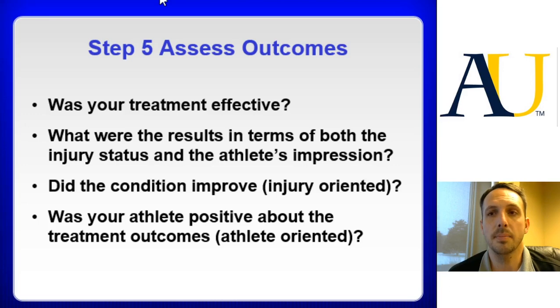First, is the patient getting better? Now, if the patient's not getting better, that can be a result of multiple things associated with it. But the most important component is that means that something needs to change, whether it's our diagnosis or it's our treatment plan. But to continue down the same road with ineffective treatments is the #1 way to get yourself in trouble and not provide good care.